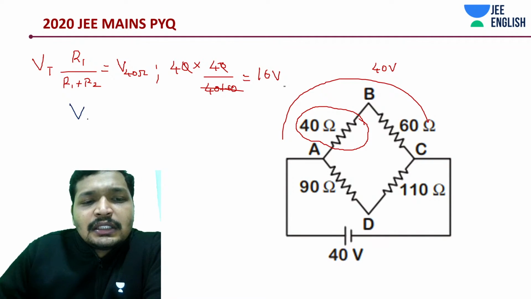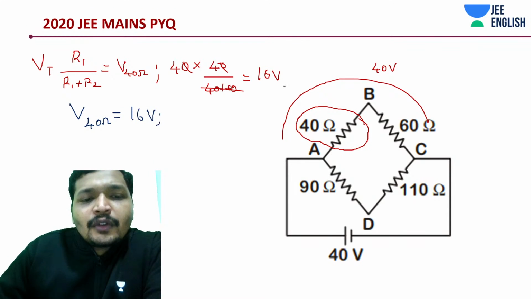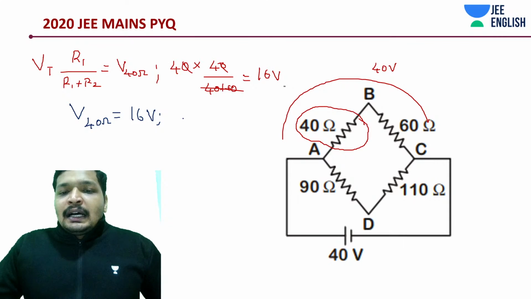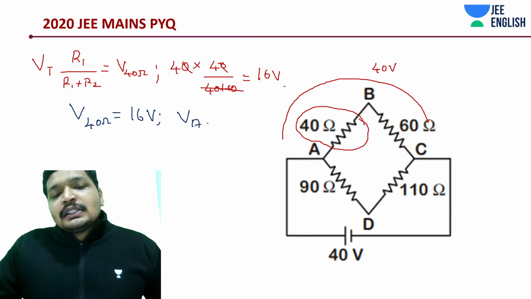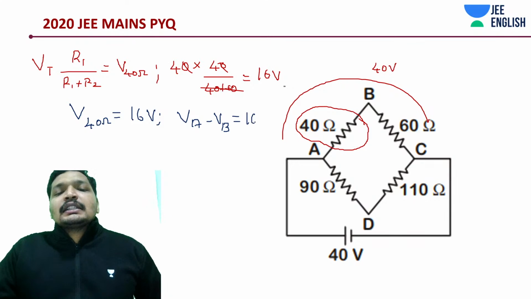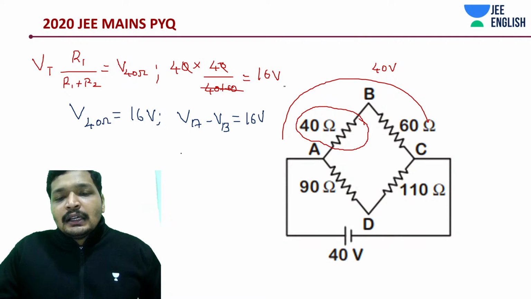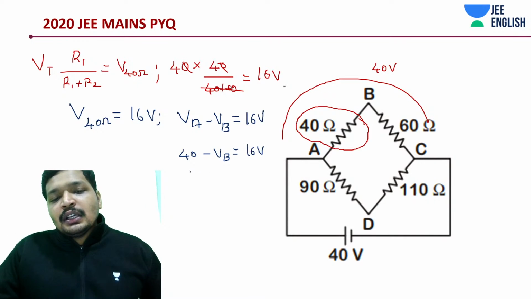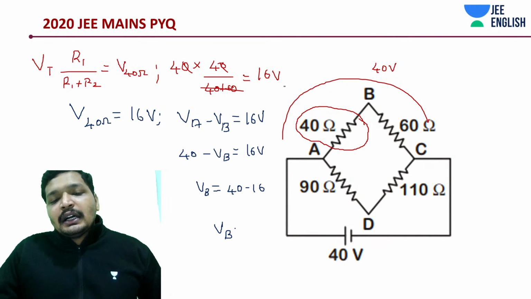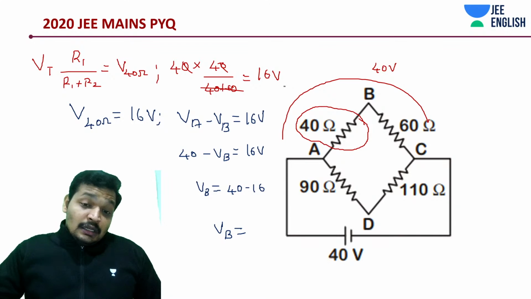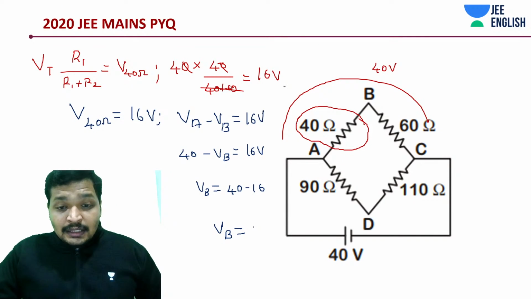This is the step by step. VA minus VB was 16 volts. What is the value of VA? 40 volts minus VB is 16 volts, so VB is 40 minus 16, which is going to yield 24.